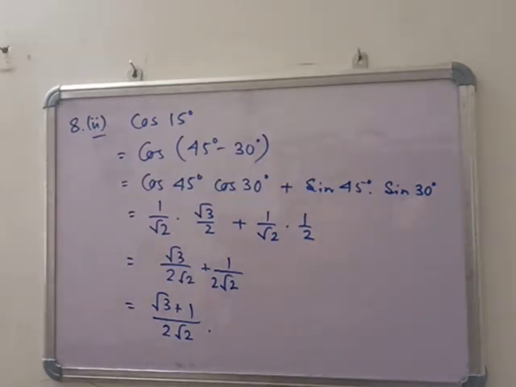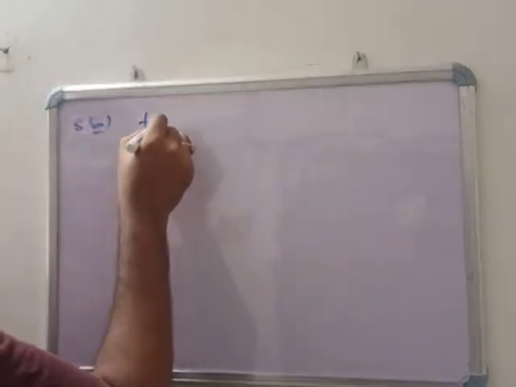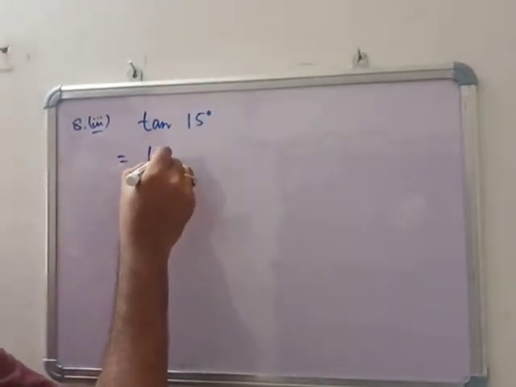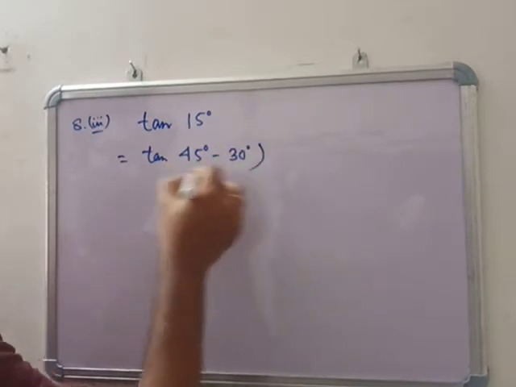Now, next one. Now in 8.3, see that tan 15 degree. So tan 15 means tan of 45 degree minus 30 degree.